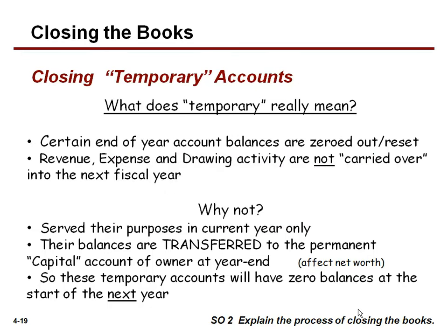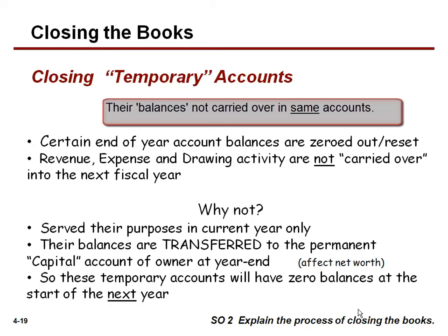Let's review what we mean by temporary. What does it really mean? Certain end-of-year account balances must be zeroed out, reset. Earned revenue, expense, and drawing activity are not carried over into the next fiscal year. Why not? Because they serve their purpose in the current year only.